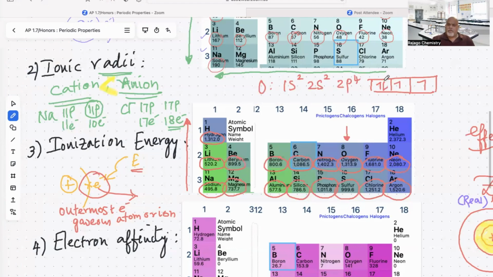This electron is paired, so it comes out with a little less energy compared to nitrogen. In nitrogen, you have to take out the last electron with 1400 kilojoules per mole, but here you have to use only 1300. It's just a 100 difference, but this electron can be easily removed because it is the only paired electron. The same thing happens in sulfur.